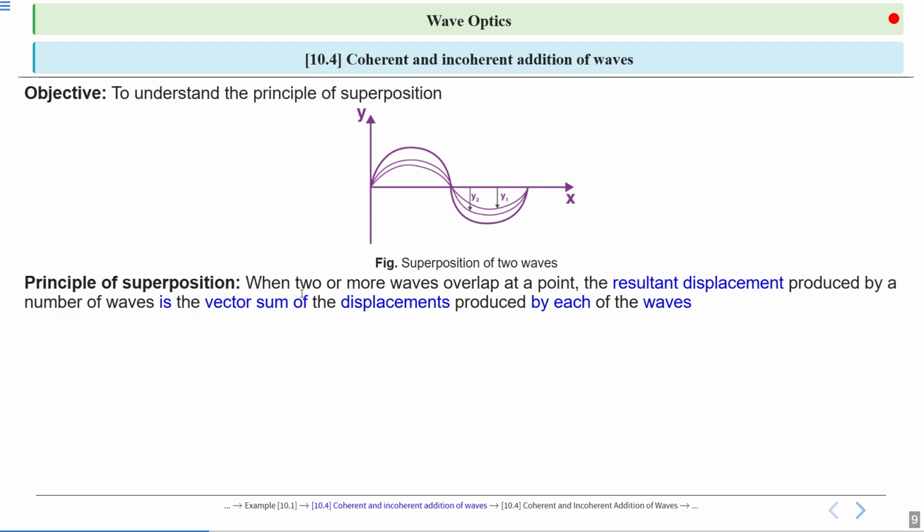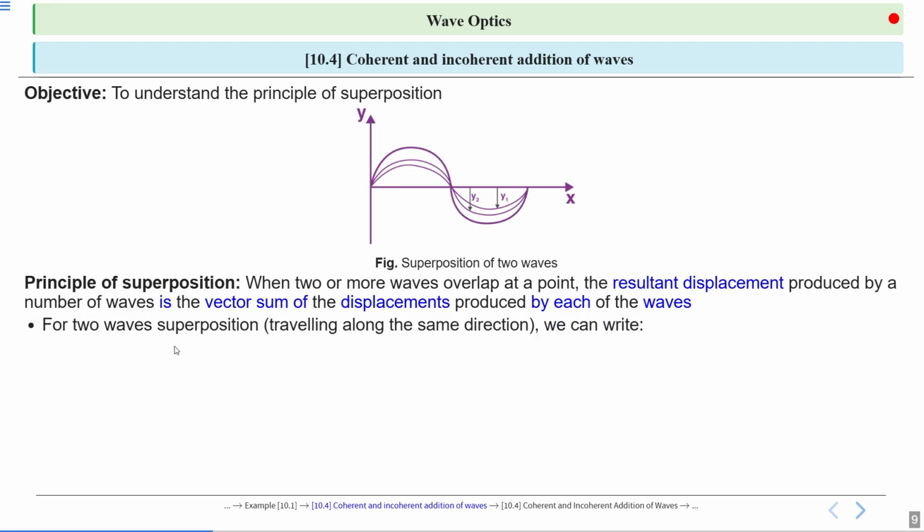Because the displacement of these two waves can be in any direction. In this particular diagram we are considering the y direction, and further we are going to do the derivation also, so we will consider displacement in the y direction, but displacement can be in any direction. That is why we take the vector sum of displacements produced by each of the waves.